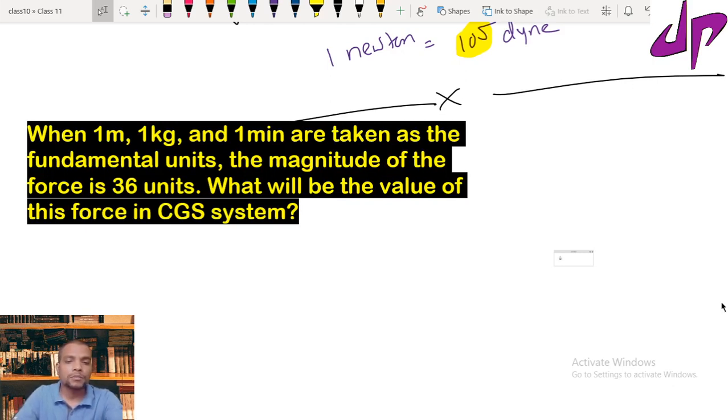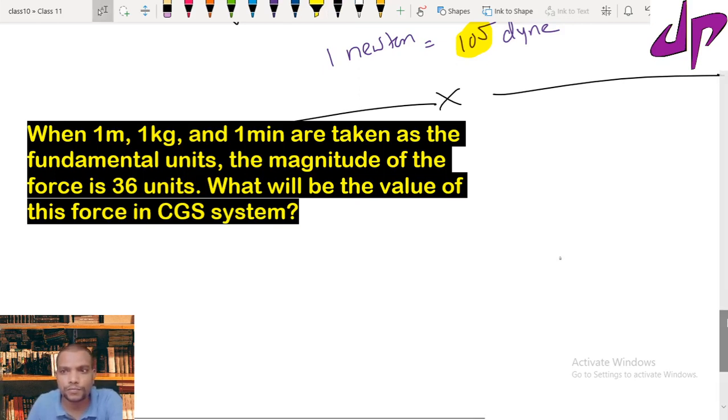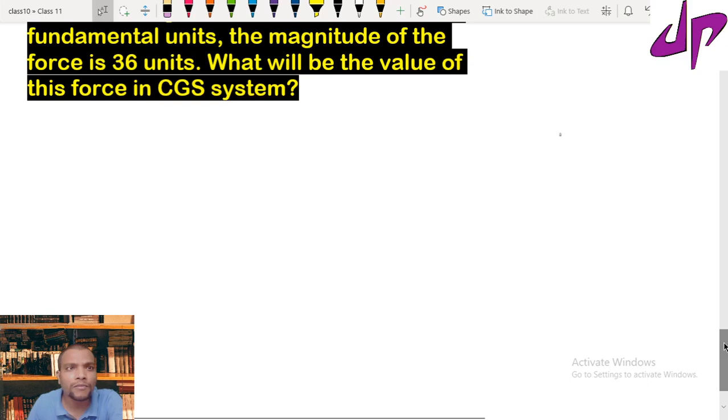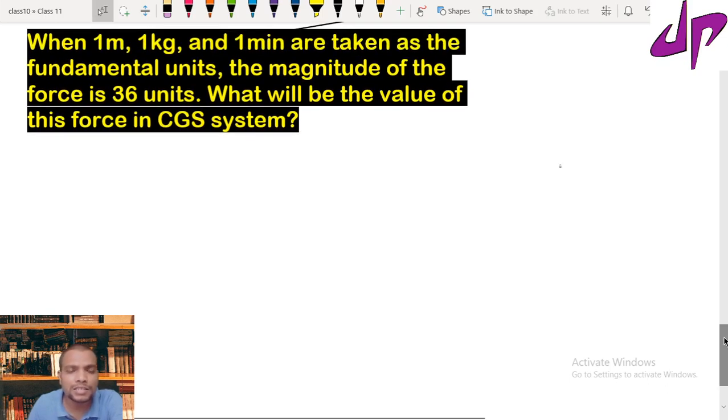Let's do this example. When 1 meter, 1 kg and 1 minute are taken as fundamental units, the magnitude of force is 36 units. What will be the value of this force in CGS units?